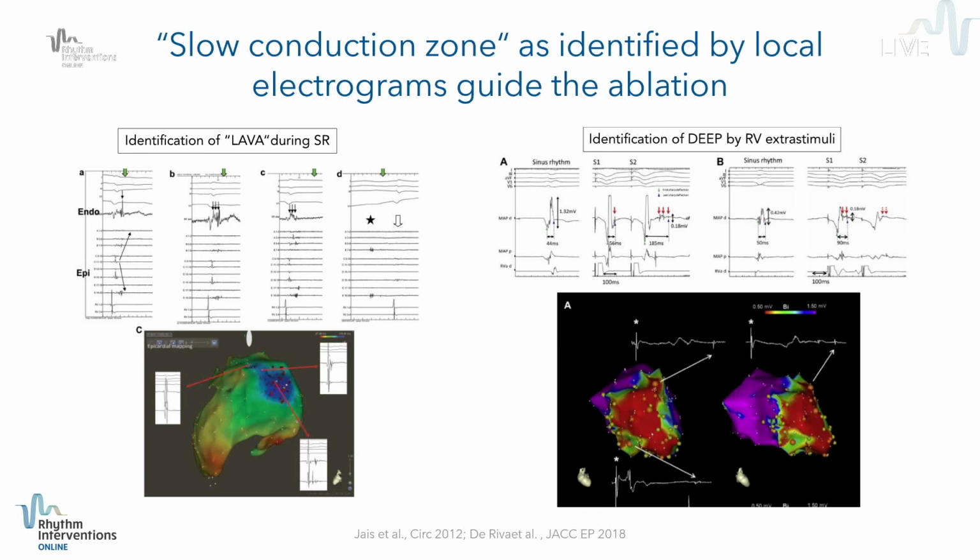But the group of Katja Zeppenfeld, I think, then really refined that and showed that you can do a pacing with an extra stimulus and provoke the demasking of these abnormal spikes by this extra stimulus mapping, and then do a comprehensive 3D mapping with what they call the deep RV extra stimulus map.